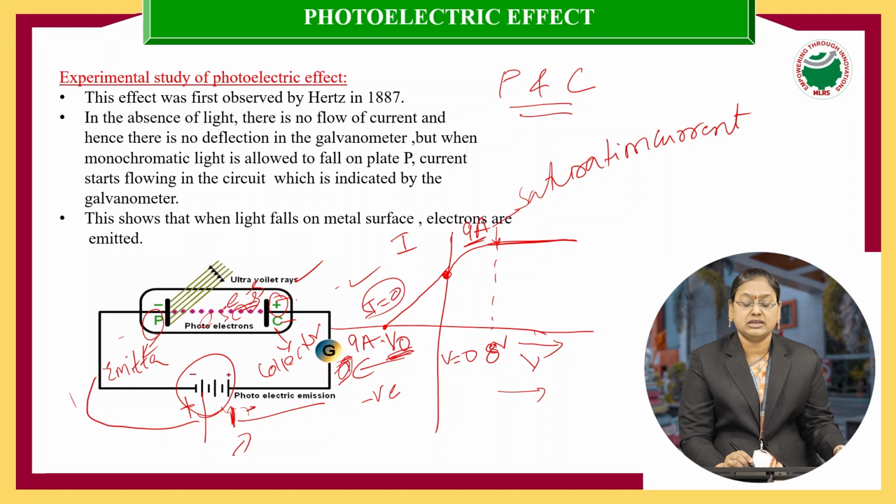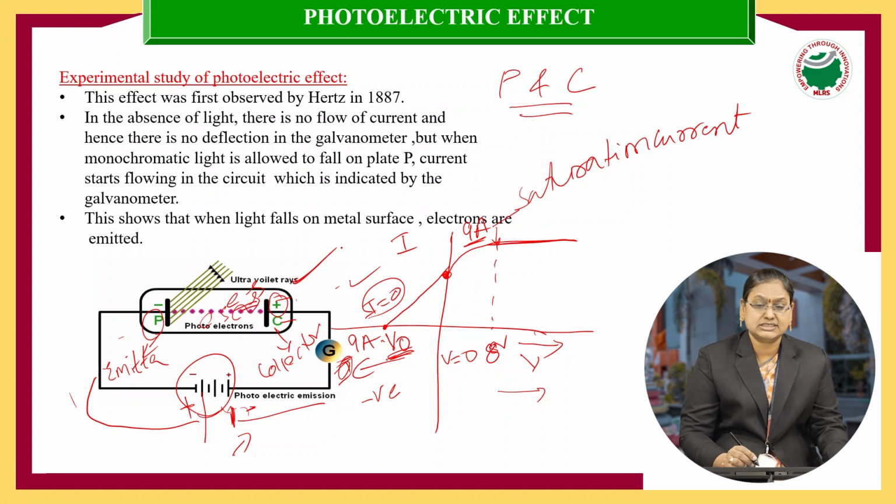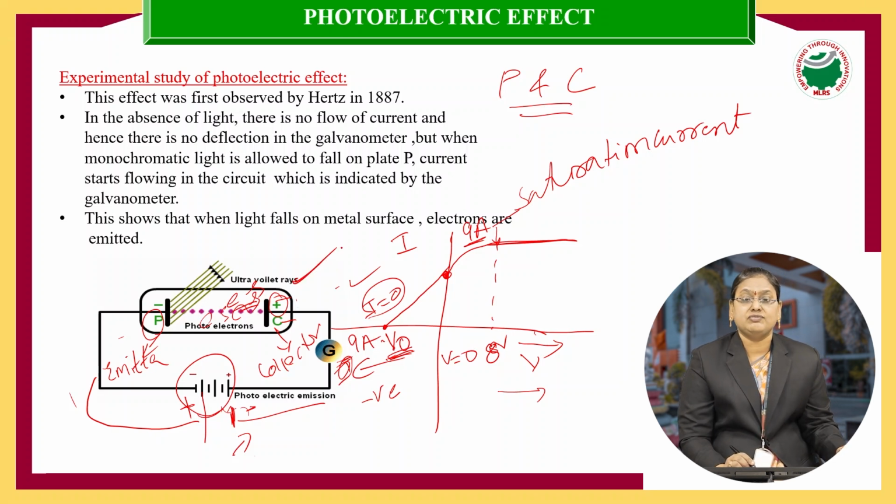Applying positive potential to plate C implies that we are giving accelerating potential. Since it is increasing the velocity of electrons, or accelerating electrons, we call positive potential accelerating potential.